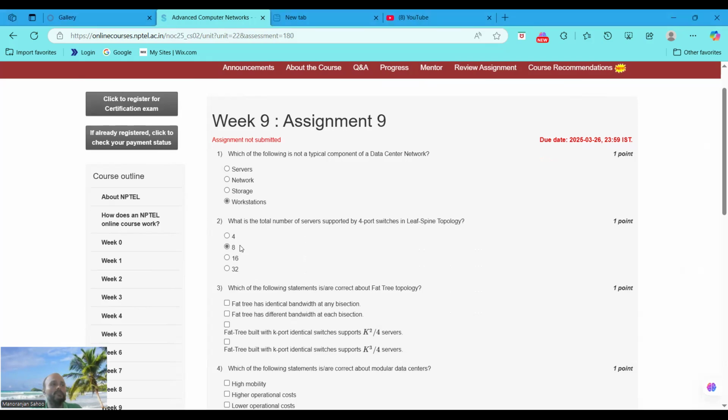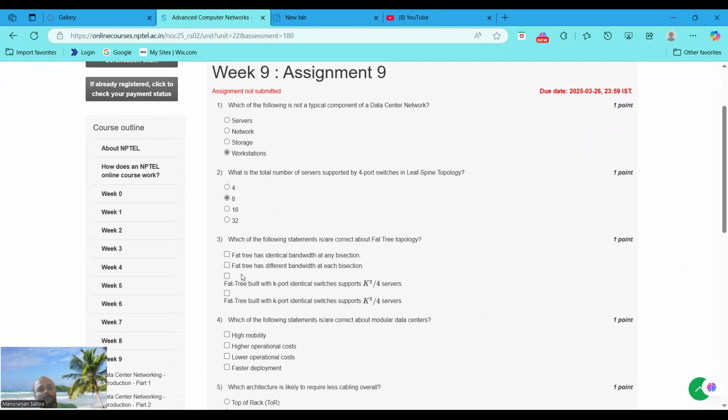Now moving to question number 3. Which of the following statements is or are correct about fat tree topology? The correct options are: fat trees have identical bandwidth at any bisections, and the fat tree built with K-port identical switches supports K square by 4 servers.